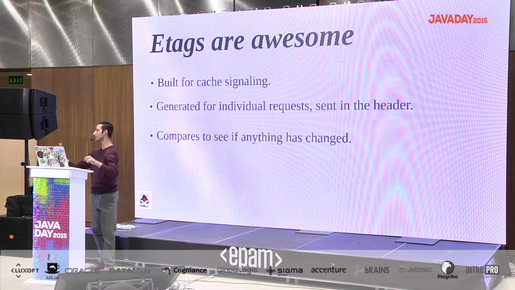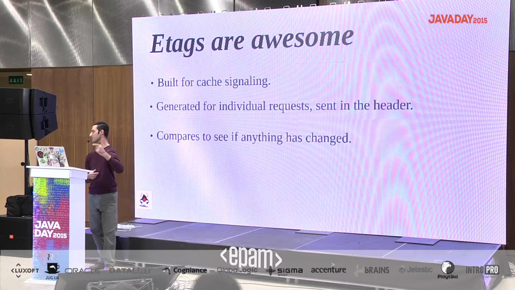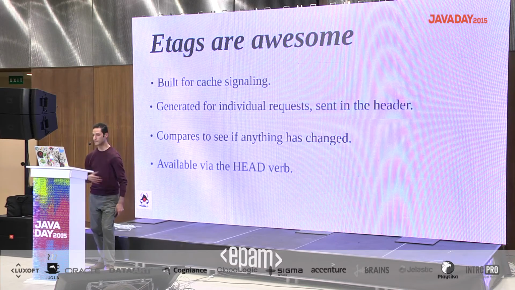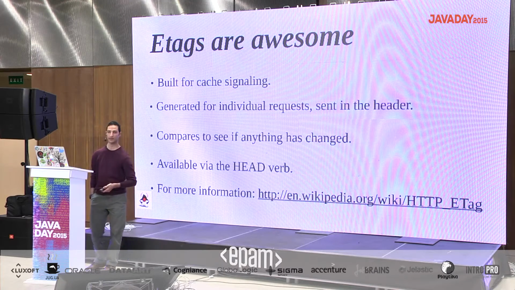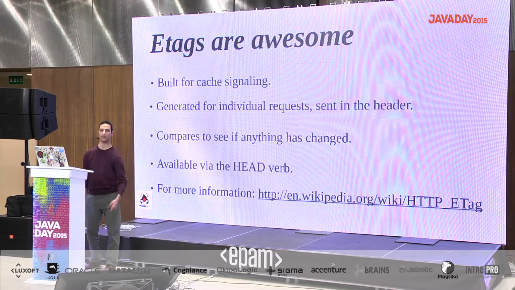If there is any change, they will change the tag. So the signal is invalidation of the old cache. So you have to process this, it's not cacheable. It's available via headers, the HEAD verb. For example, if you go to HTTP ETag, they will describe all the specification and how you can add it to your API and use it.